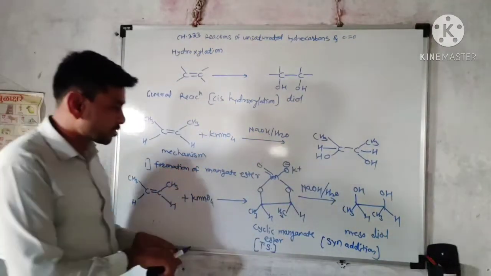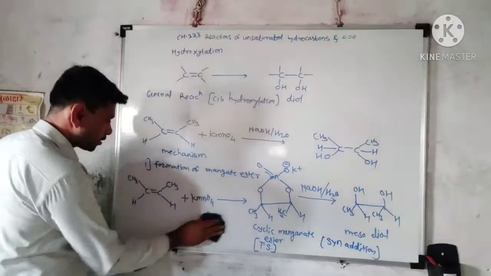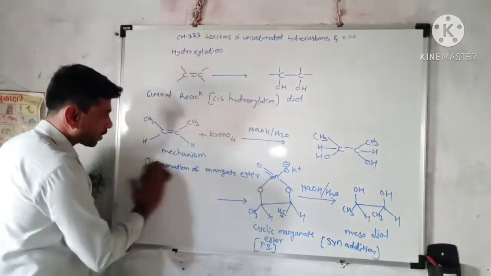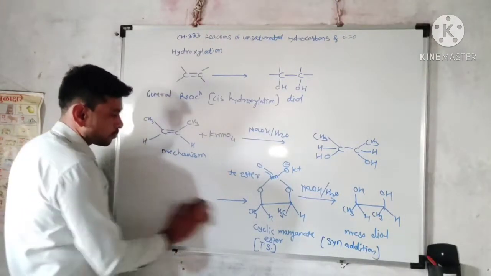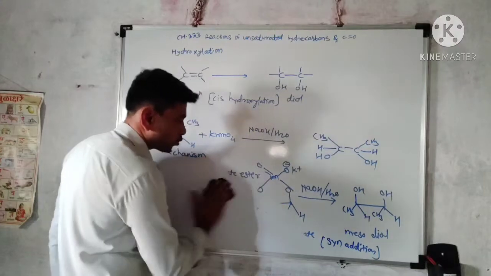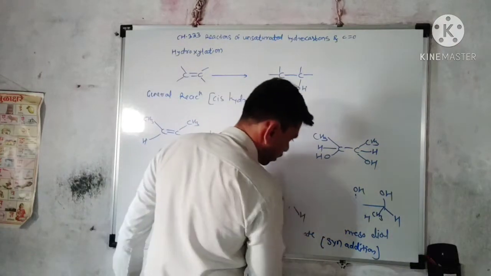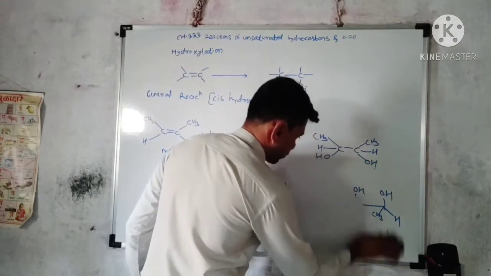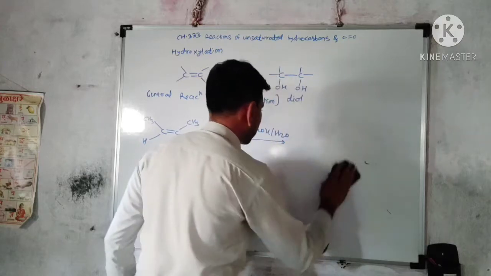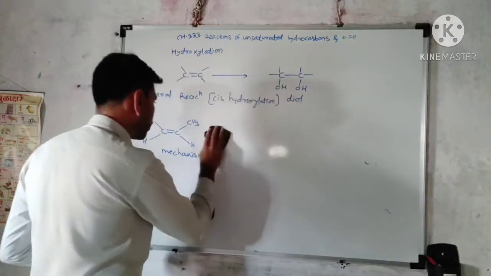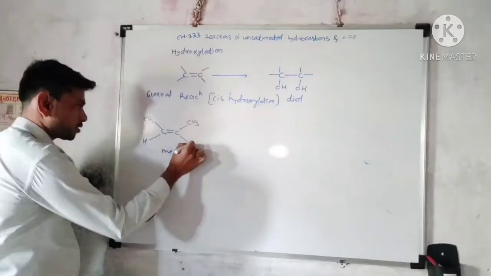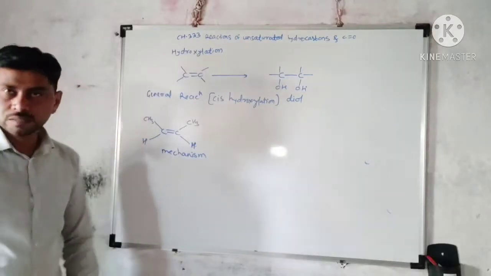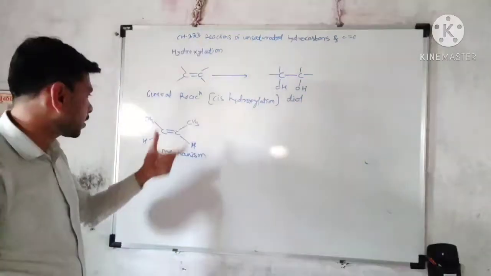Now see the second mechanism of this reaction, by using osmium tetroxide. When we use osmium tetroxide, we have taken the same substrate, the same alkene here.